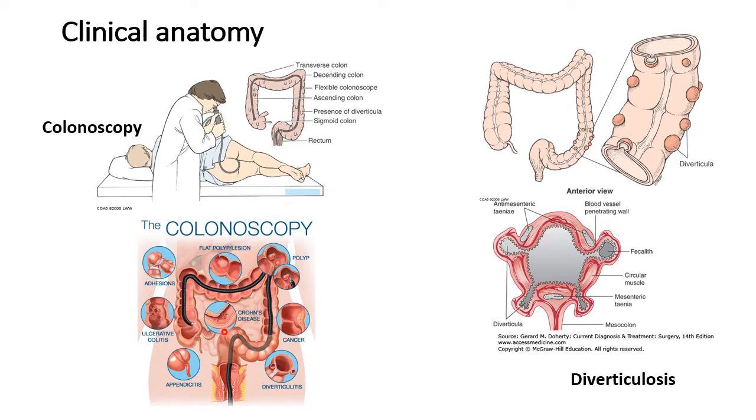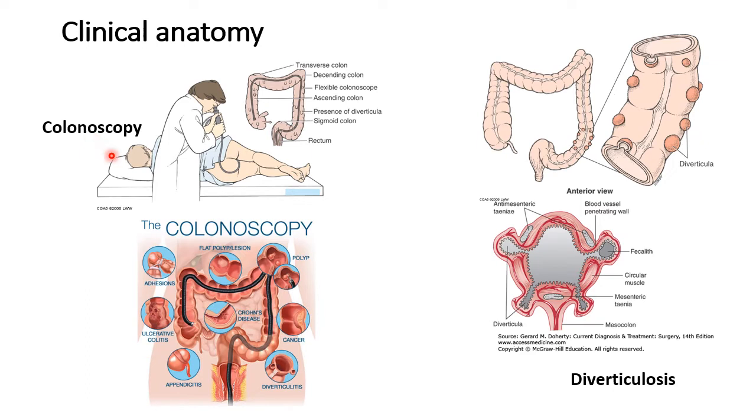Some of them are inflammations like ulcerative colitis or Crohn's disease. Some of them are polyps or these appendages inside the colon. If they are not treated or not excised, they can turn into tumors, sometimes cancers.